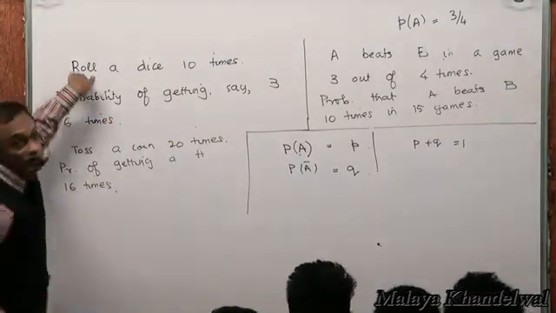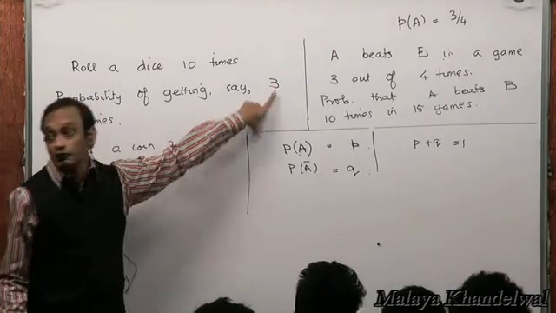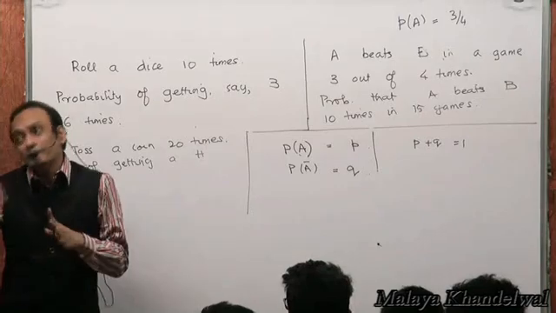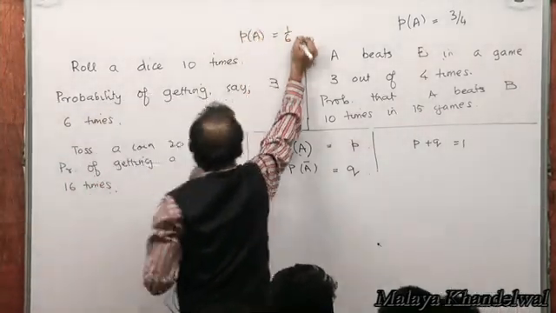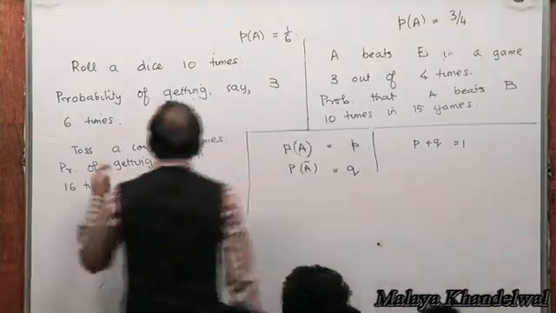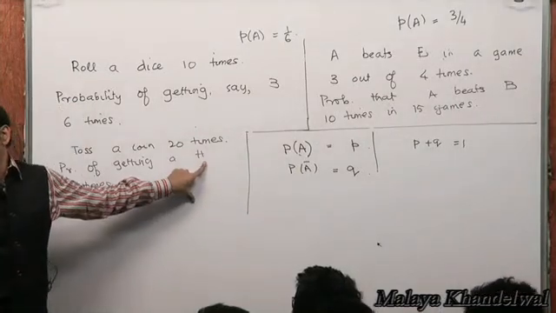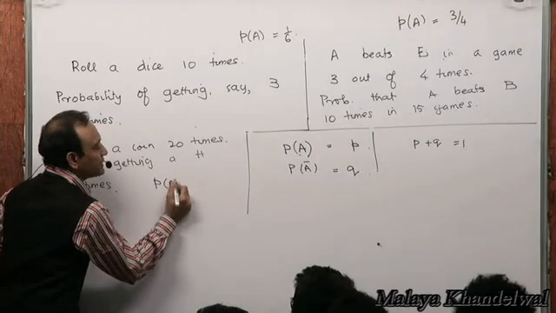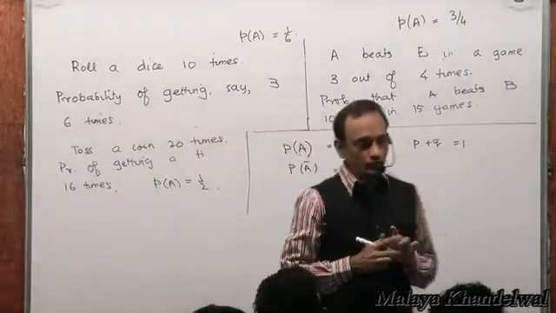Well, in one trial of that experiment, getting 3. The probability of getting 3 in one trial is 1 by 6. Tossing a coin, the event is about getting a head, and in one trial of that experiment, the probability of that event is half. Right?